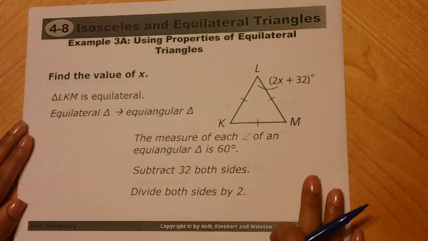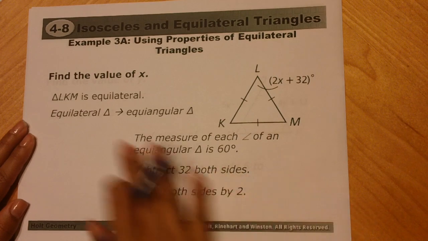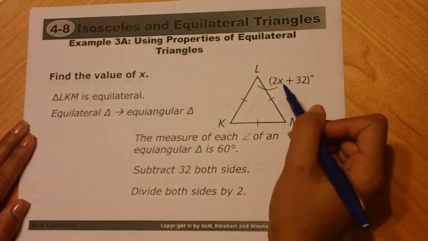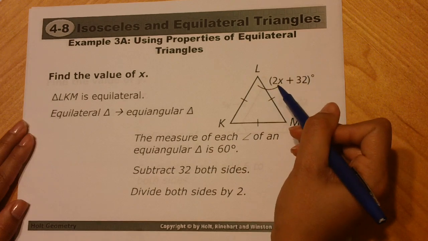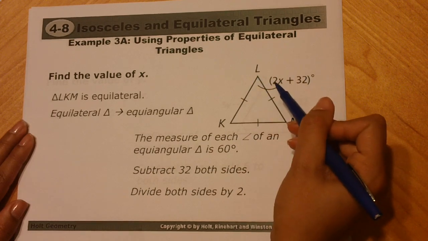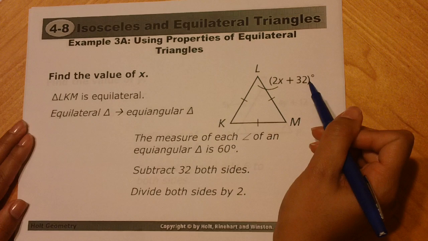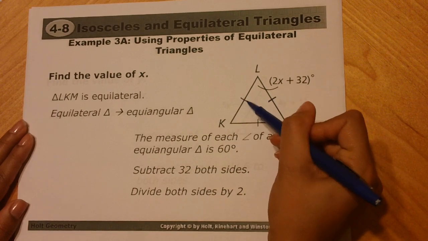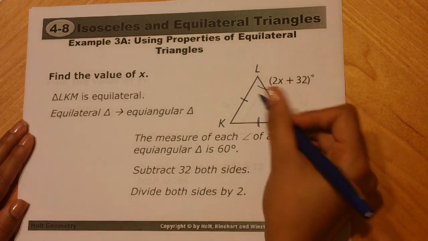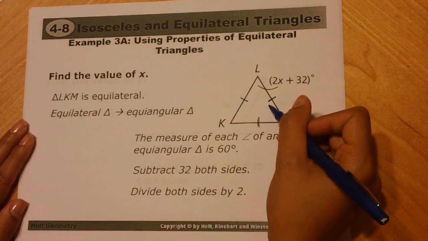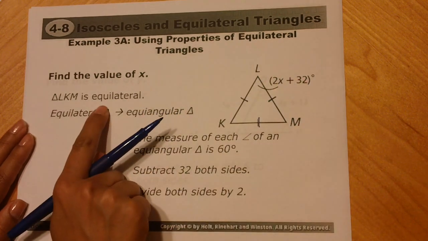So here's your next task. It says that you need to find the value of x, and I have this angle L is 2x plus 32 degrees, and this is given information. All three sides of this triangle are the same, which means that it's equilateral.